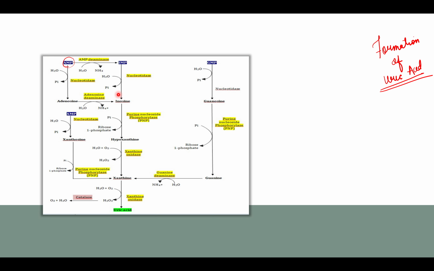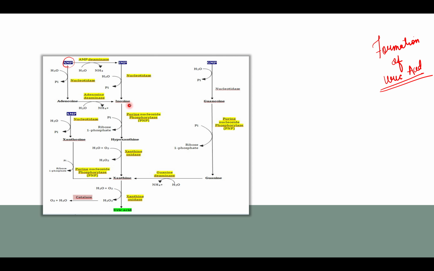IMP is converted to inosine in the presence of nucleotidase. Similarly, nucleotidase converts AMP to adenosine, releasing phosphate molecule from AMP and IMP. This adenosine gets converted to inosine via adenosine deaminase enzyme, releasing one molecule of ammonia.